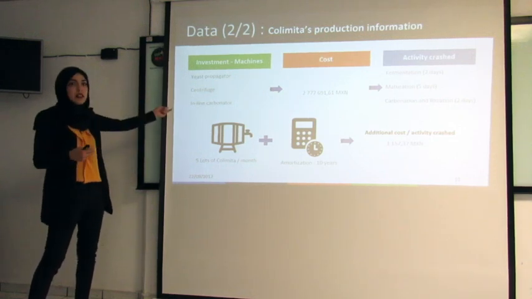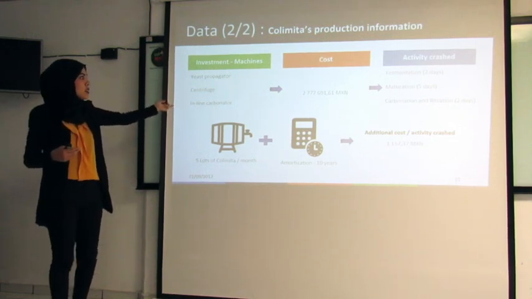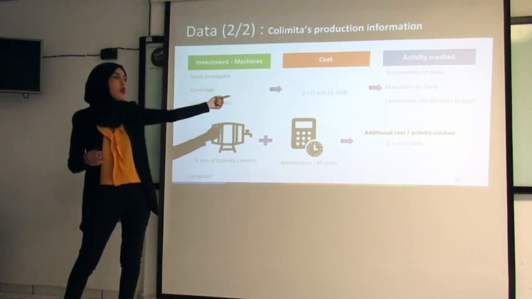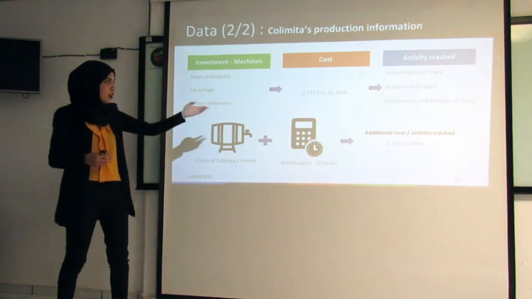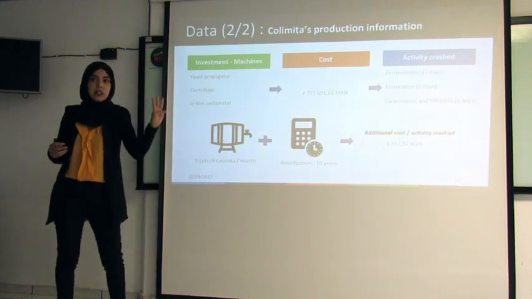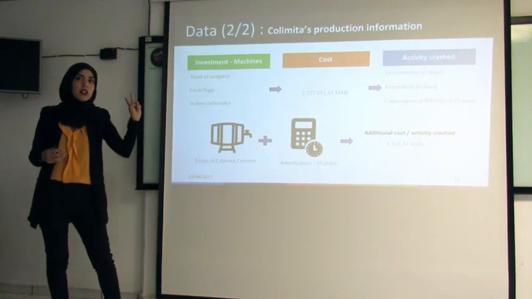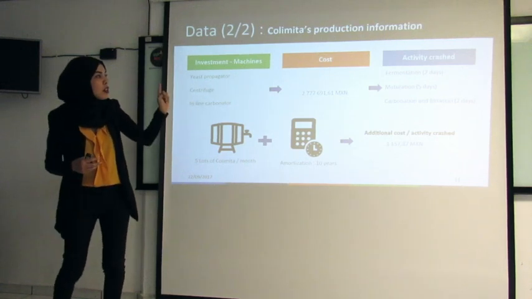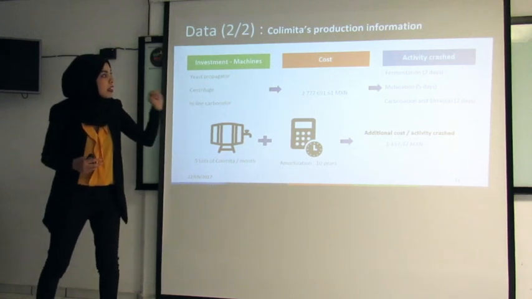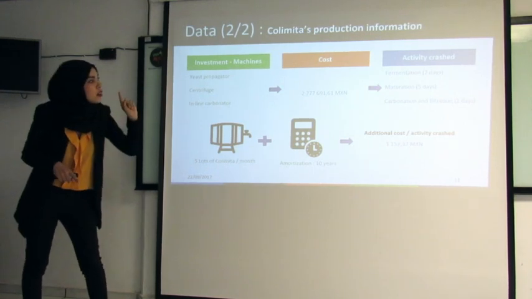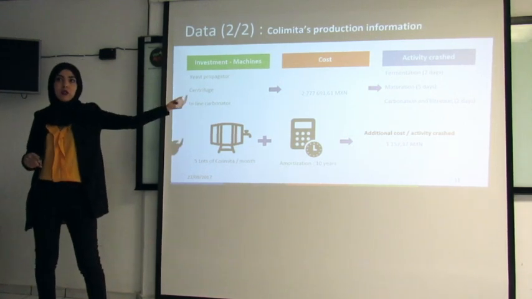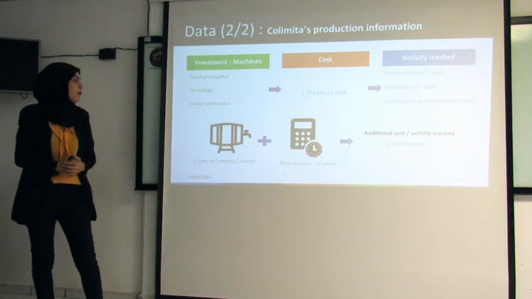So we need to invest, and this investment will cost almost 2 million Mexican pesos in order to crash 3 activities: fermentation by 2 days, maturation by 5 days, and carbonation and filtration, which will be 1 activity, from 3 days to 1 day, decreased by 2 days.